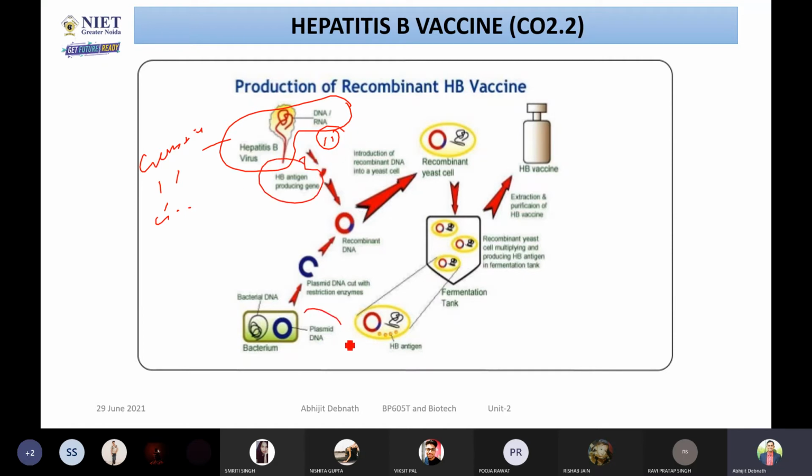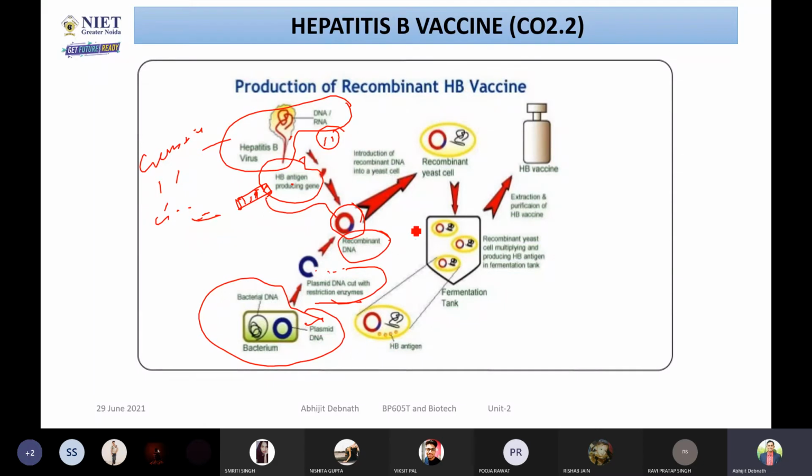You have the bacteria, and the bacteria have a plasmid. The plasmid is cut by restriction enzyme, and you insert the particular gene you have taken from the virus, the area which can produce antigenicity, into the plasmid, and it will form like this.